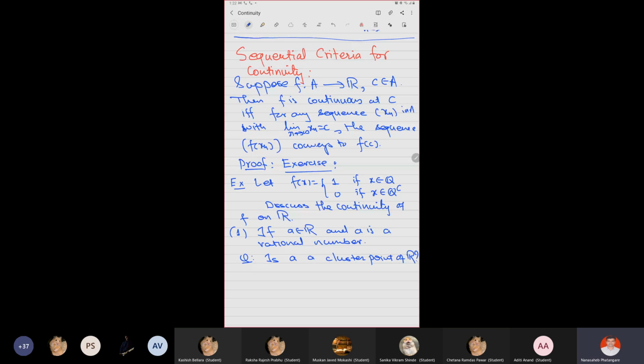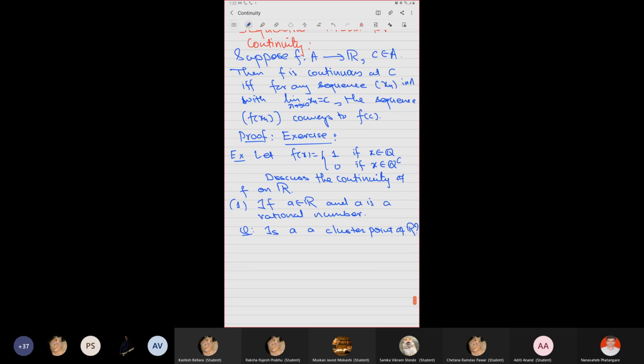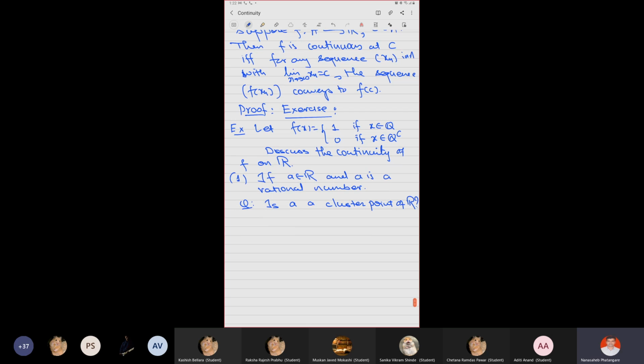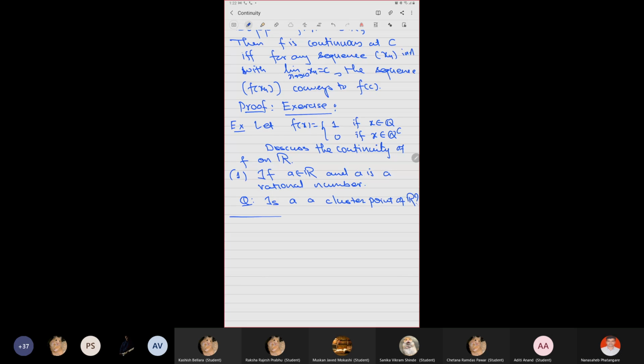Is a a cluster point of the domain of the function? The entire line is the domain and I have selected one point in the domain, right? Is it a cluster point of R?